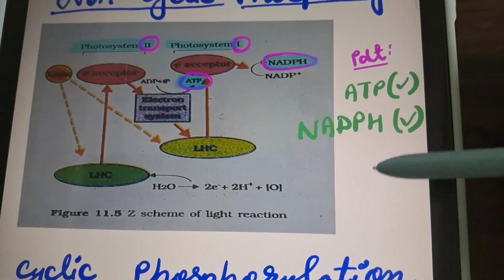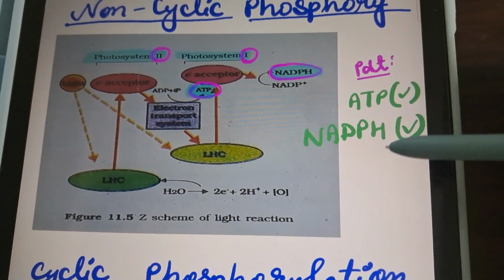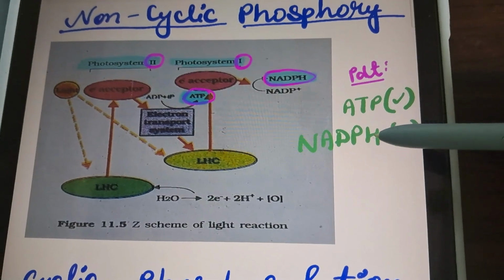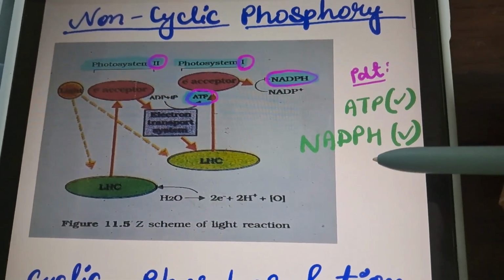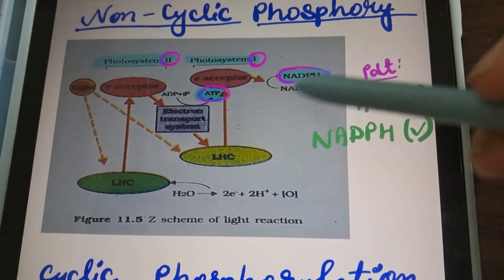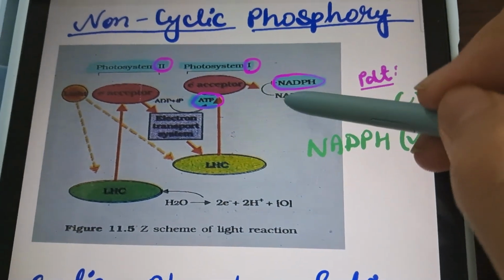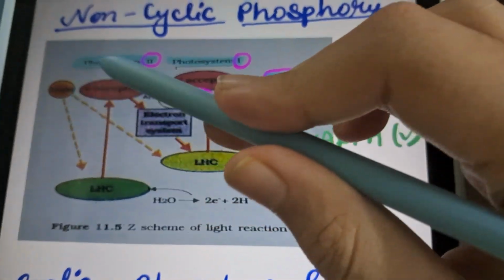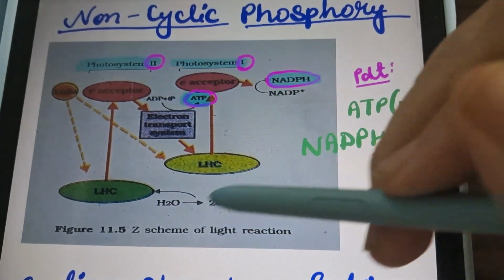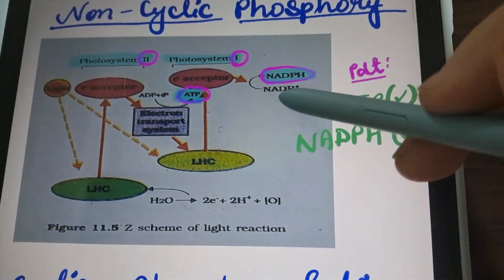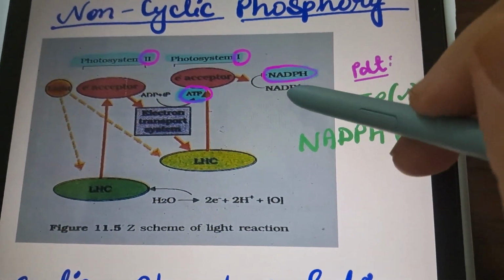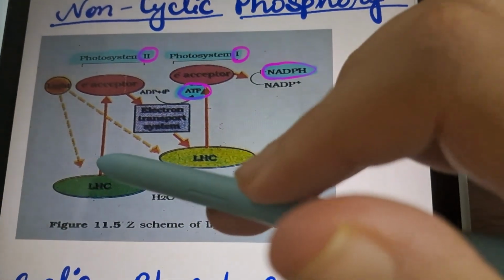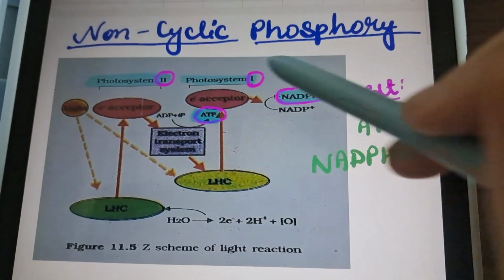Both of these are the products of the light reaction, as we know from the earlier lectures. Here it is non-cyclic because it is not returning back. Cyclic will be when this is getting repeated, but here it is not like that. It will go and it is not going to return back. That is why it is non-cyclic.